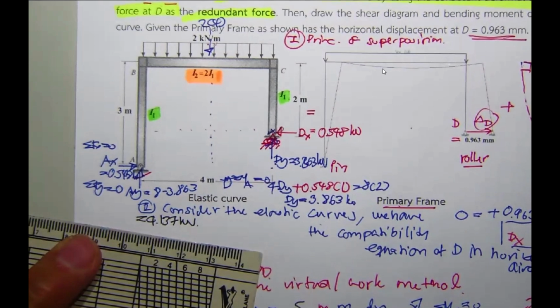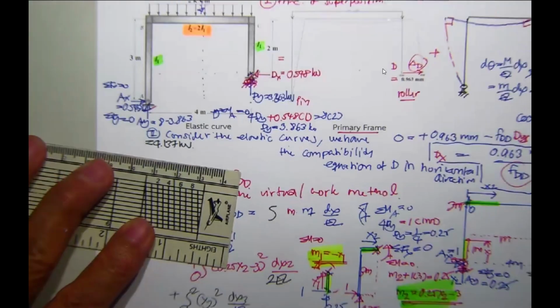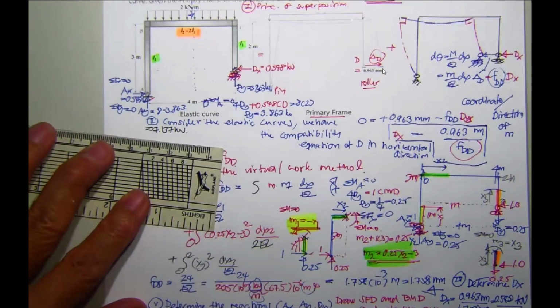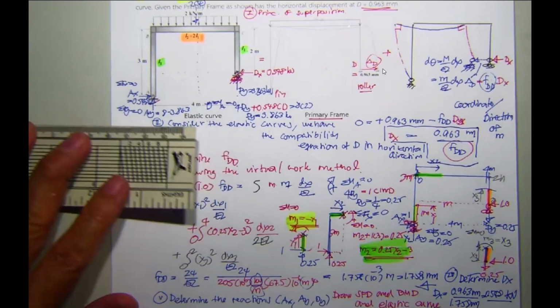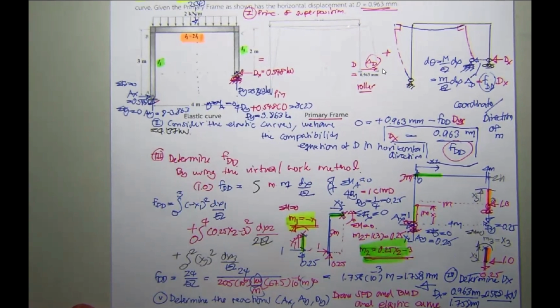Okay, that's all. Then you have to separate your frame in order to prepare for your shear force diagram. You have to draw the column, which is 3 meters, so put it as 3 centimeters.